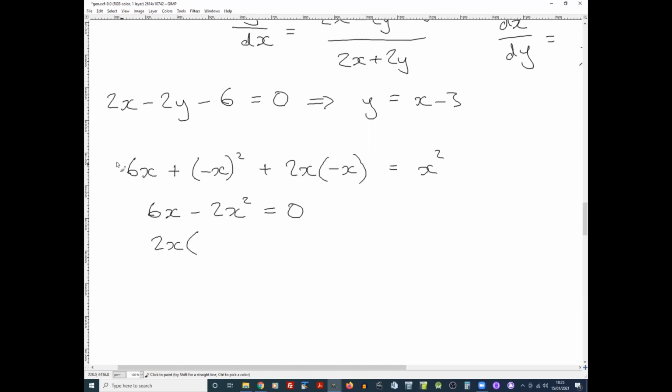So have you got this line here? 6x plus the square of minus x plus 2x times minus x equals x squared. Right. So these two cancel, don't they? The x squared, because you've got minus x squared on one side, you've got x squared on the other.